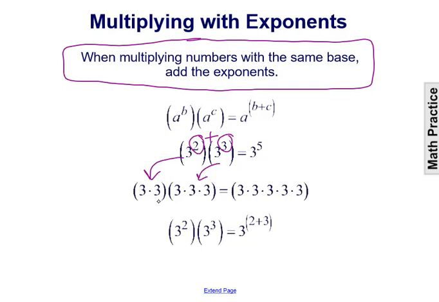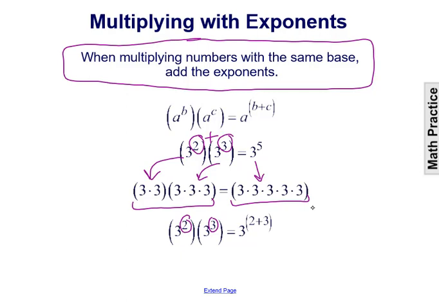We have 2 3's multiplied, and 3 3's multiplied, all together actually gives you 5 3's. It's 3 multiplied 5 times, which is 3 to the fifth. So it holds true that 3 to the second times 3 to the third is going to equal 3 to the 2 plus 3. You can add the exponents, which gave us that 3 to the fifth.